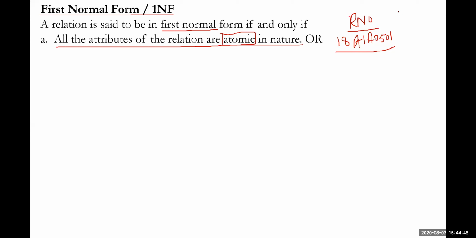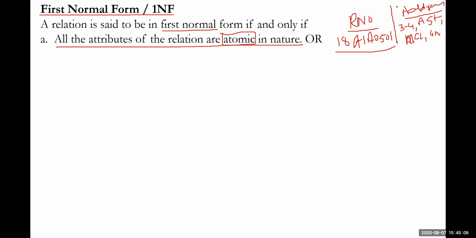Whereas if I take address, which is one more attribute, the address might be 3-4, A Street, Macharla, Guntur district, and so on.